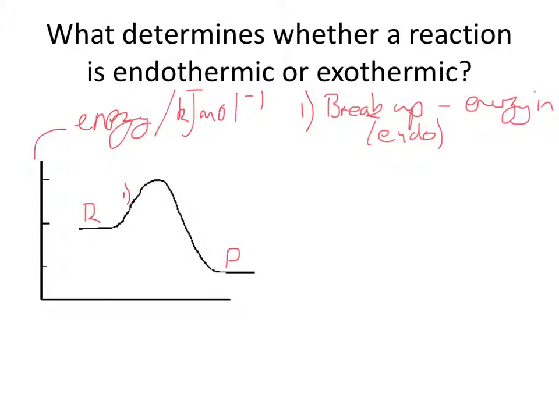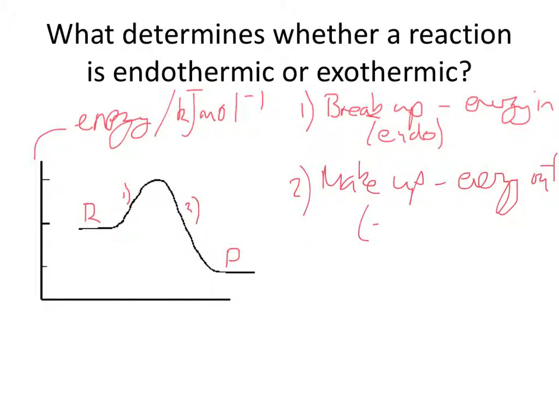But when the old bonds are broken, the new bonds can be made. And at this point, I call it the makeup. It would help actually if I labelled it, wouldn't it? There's number 2. Here's the energy coming out. Okay, and that's an exo step.